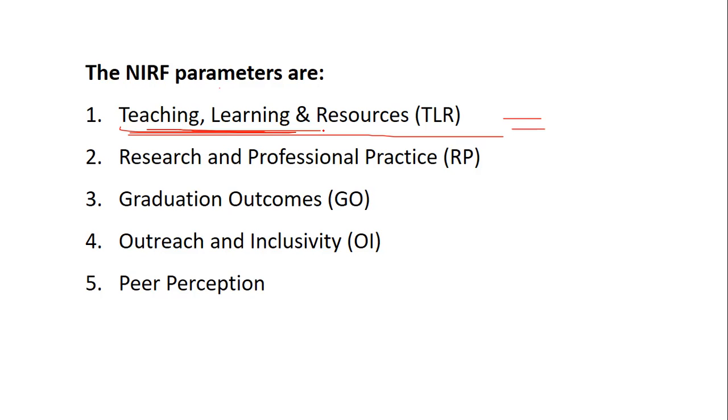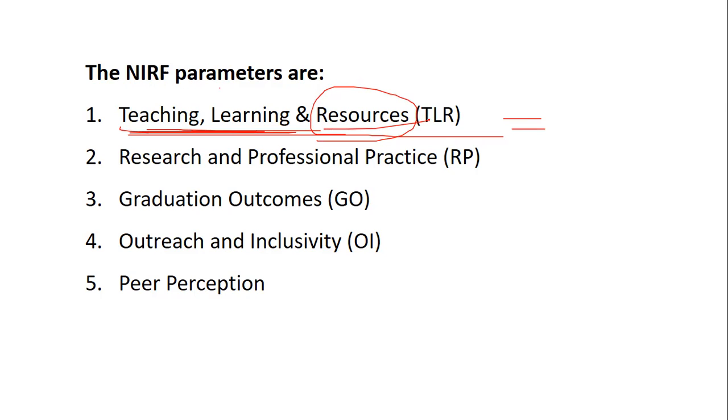So here emphasis is given to faculty metrics and the resources and their utilization. So financial resources and their utilization. So teaching, learning, and resources includes your student strength, your faculty student ratio, then the metrics for the faculty, especially PhD or equivalent, as well as the resources, which play an important role in teaching, learning, and resources.